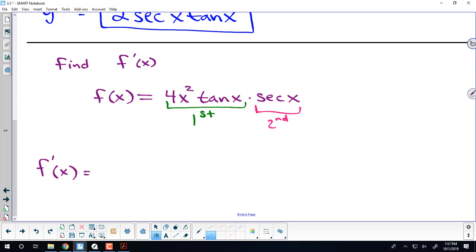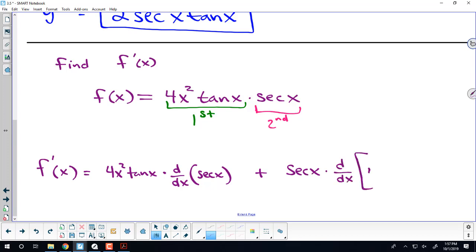So we'll take the first times the derivative of the second, plus the second times the derivative of the first. Okay, so that's it, right? That's what the product rule says to do.